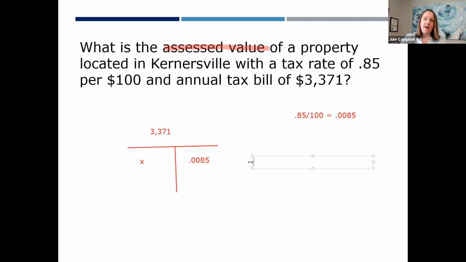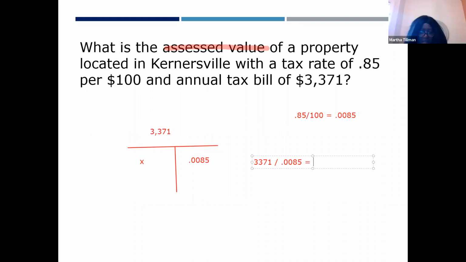Now to solve for X, the horizontal line just means divide. We're going to divide. So we take our number on top, divide it by the number on bottom. And I get an assessed value, is that right?